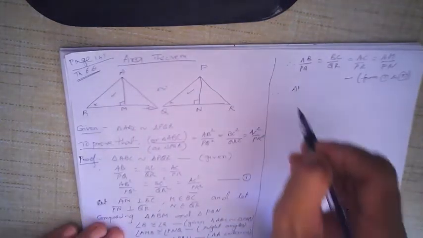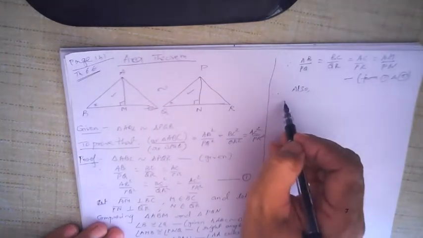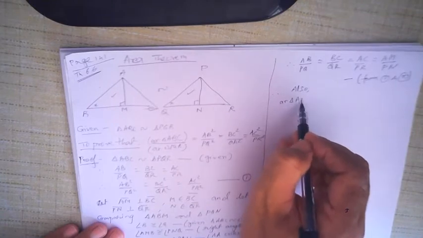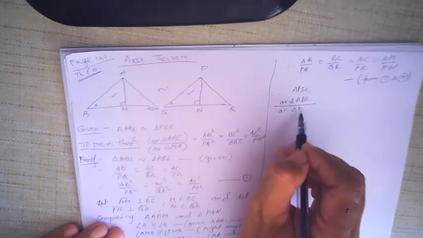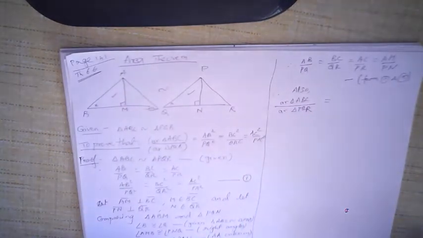Okay, also now let us take the area of triangle ABC upon area of triangle PQR. Okay, what is the formula for area?